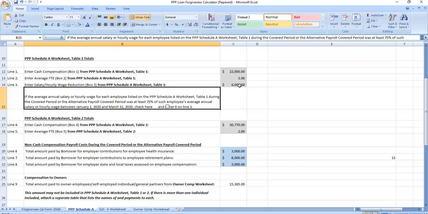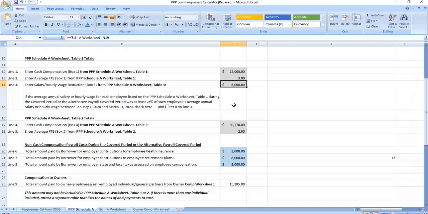You would enter basically 0. So even though our calculation came up with a reduction, if the reduction does not exceed 25%, or the salary was at least 75%, then you would just check mark here and enter 0 here.